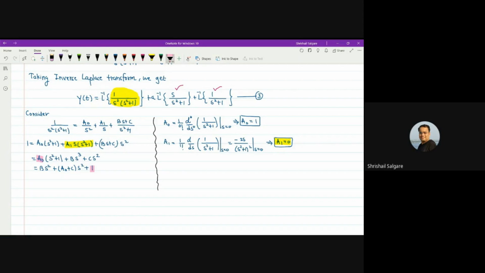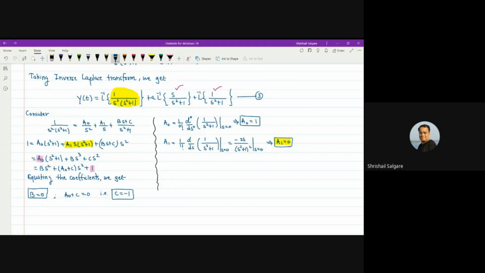Equating the coefficients, you will get b is equal to 0 and a naught plus c is equal to 0. That means c is equal to minus a naught, which is minus 1.